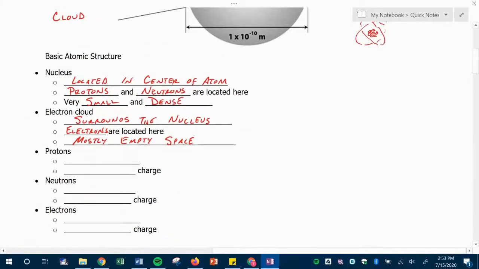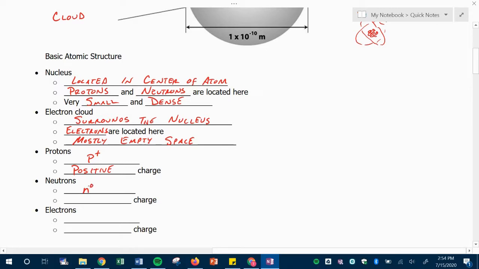Now, aside from this, let's talk a little bit more about our important particles. And the three are the protons, neutrons, and electrons. So protons, usually we abbreviate as P plus. And the reason it's plus is because our protons have a positive charge. Then we have our neutrons. Now neutrons, we usually give this symbol N0.